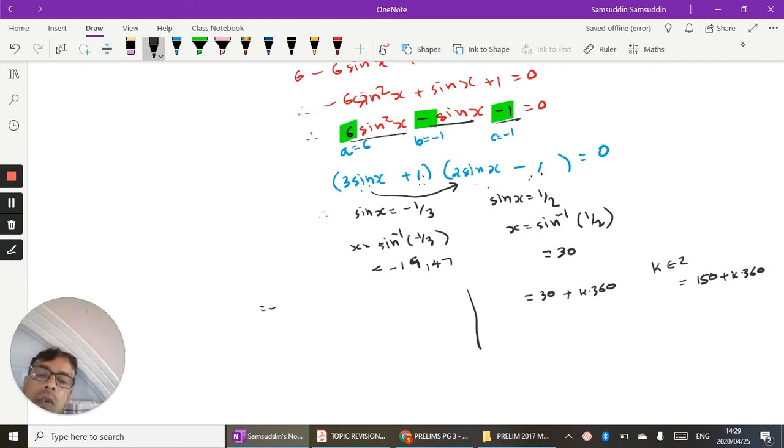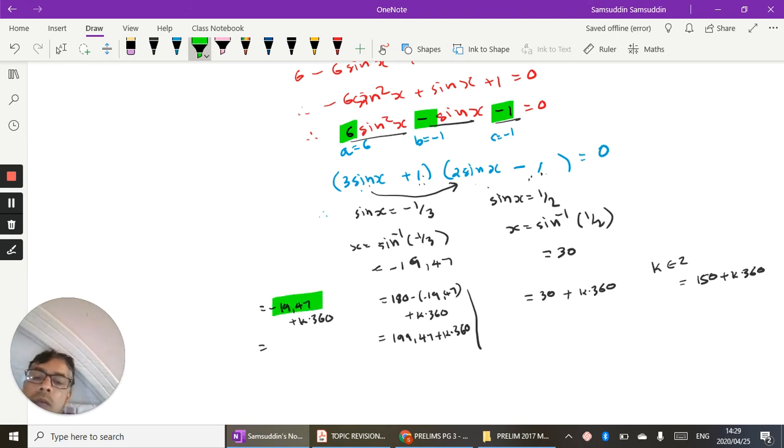Now two answers for negative 19.47. That's my first answer. Second answer for sine is 180 minus that negative 19.47. Both times plus k times 360 will be here. So it's 180 plus 19.47, 199.47 plus k times 360. Okay. So here the negative 19.47, if I don't want that negative angle, I can add 360 to that negative angle.